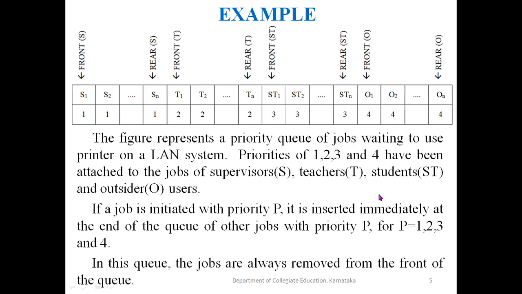Here is an example which shows how a priority queue works. In the diagram, we see the priority queue of jobs waiting to use the printer on a LAN system.